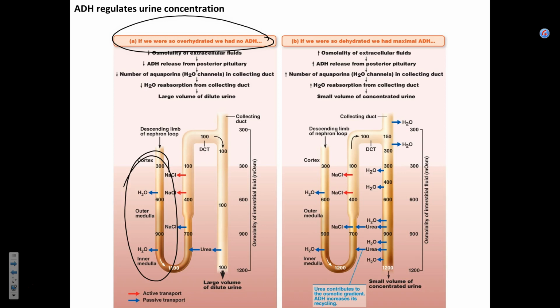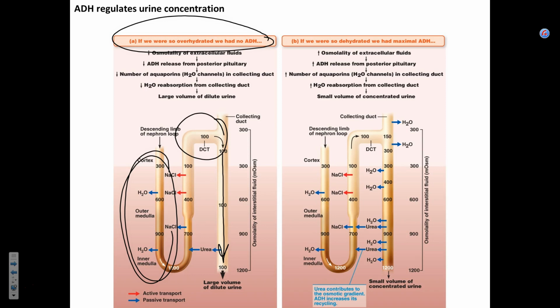Now, let's take a look at the regulation of the urine concentration. This reabsorption in the descending limb of the nephron loop, is it obligate or facultative? Obligate. Is there any regulation to it? No, I'm going to reabsorb that water anyway. So I'm going to produce a whole bunch of diluted filtrate that will enter the collecting duct. Remember what I told you about the reabsorption in the collecting duct?